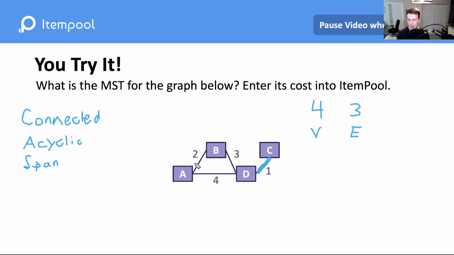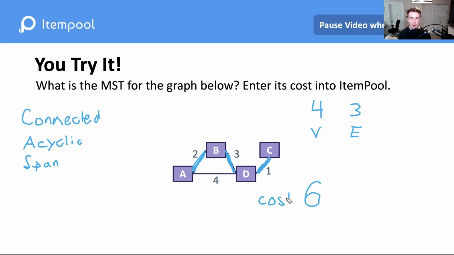I could include any 2 of these edges to connect everything else to D. But what you might have noticed is I would choose A to B. And then the cost of this would be 1 plus 2 plus 3, which would be a total of 6. That's the cost of this.